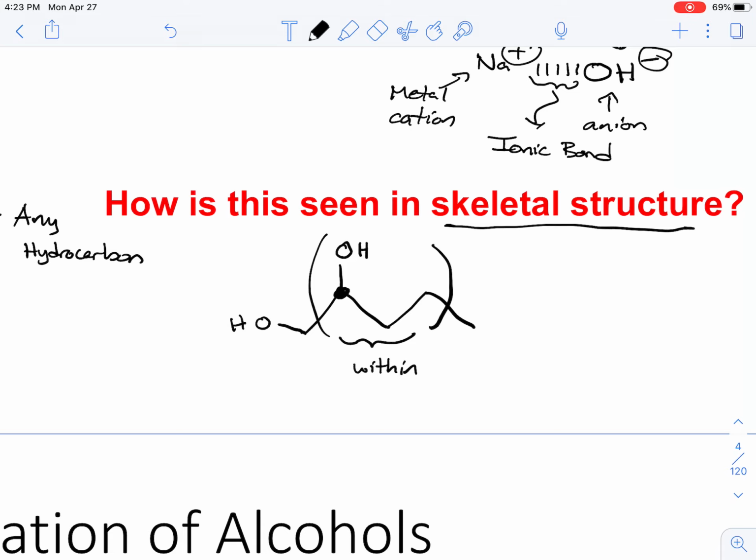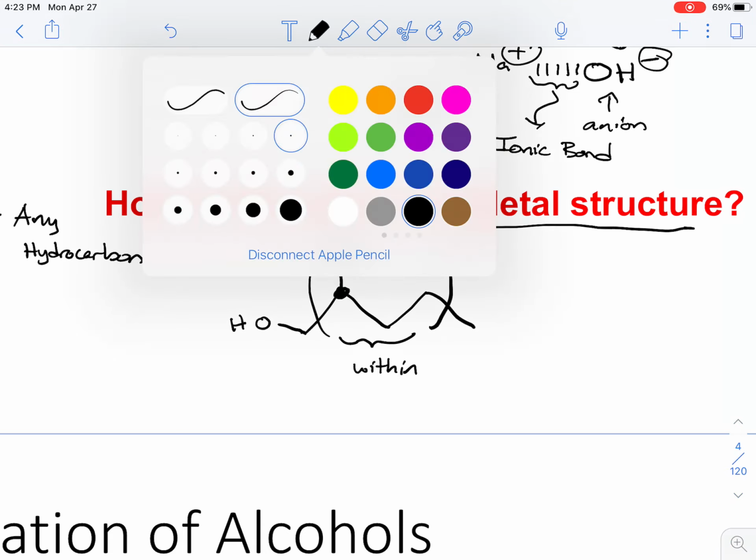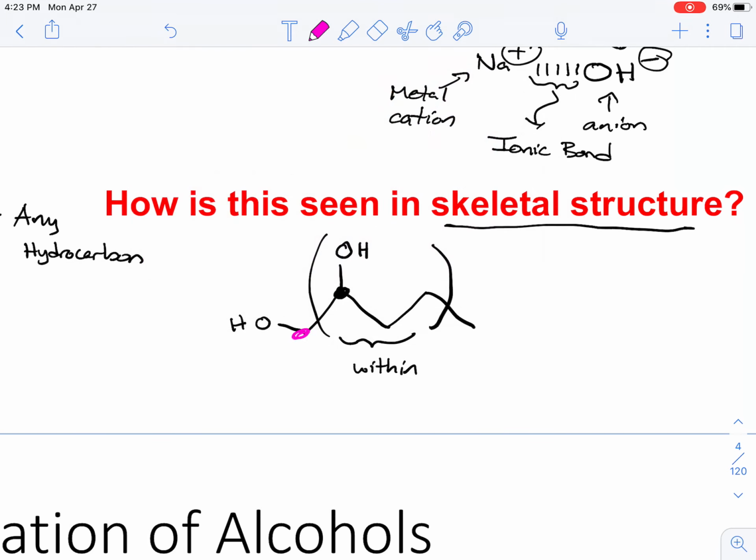And I'll go ahead and do this in another color. So these ends are terminal carbons. And so you guys can go ahead and basically place an alcohol within an organic compound, or you guys can place them terminally.